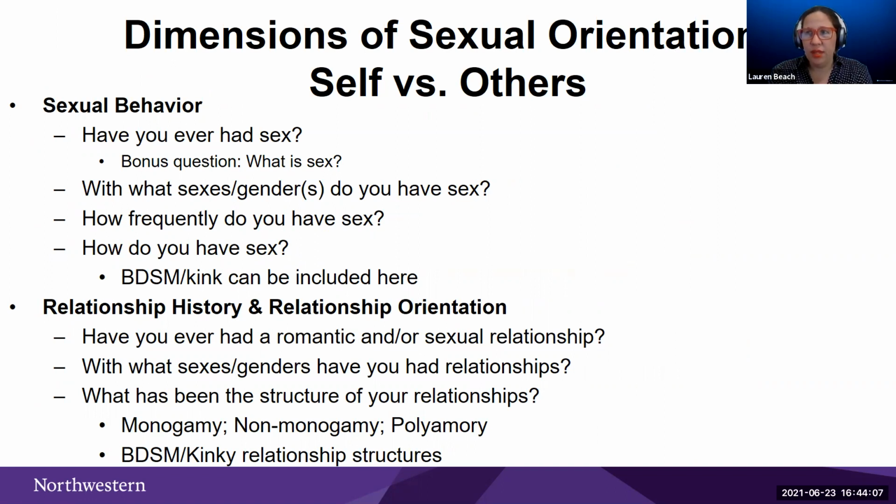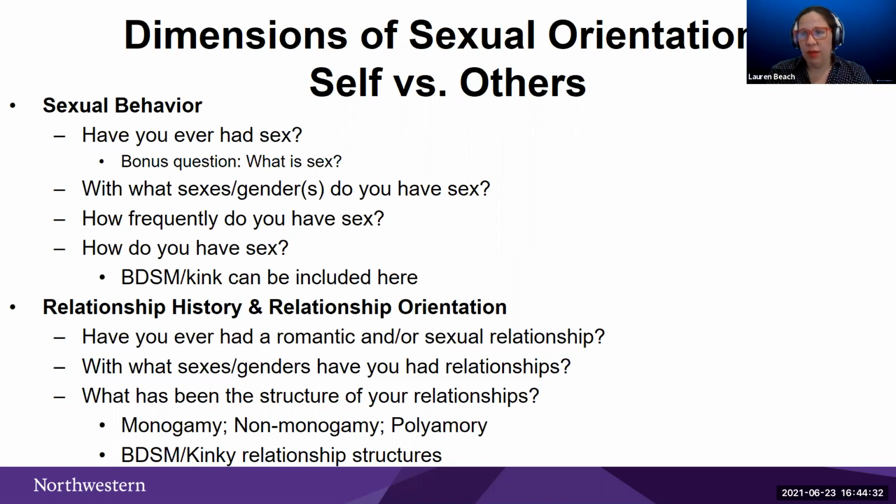So with sexual behavior and relationship history, these behavior dimensions can be viewed as interpersonal. Having sex with another person, having a romantic relationship with another person, that involves more than just self. It's an interpersonal connection.